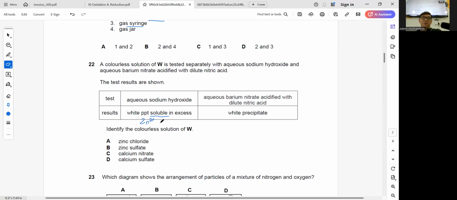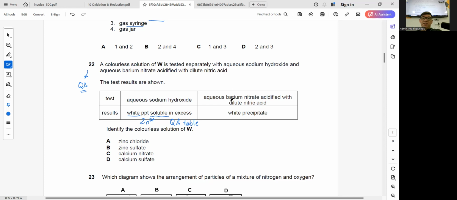Zinc is one of the cations that forms a white precipitate with sodium hydroxide that is soluble in excess. This can be found in your QA table, which we have gone through in the past. This question is under QA.